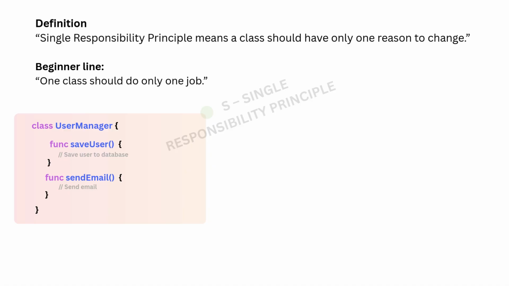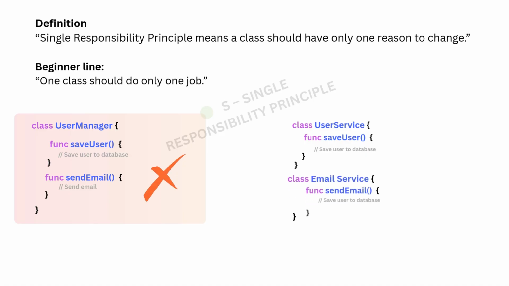Now let's look at the next, corrected example. We have a class UserService, which has only one function, saveUser, and now we are creating a second class, which is EmailService.